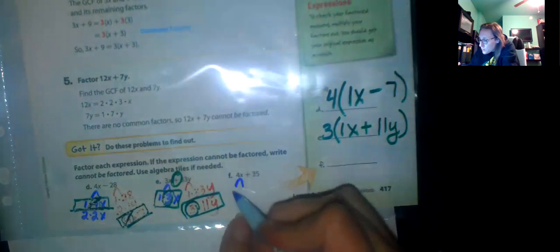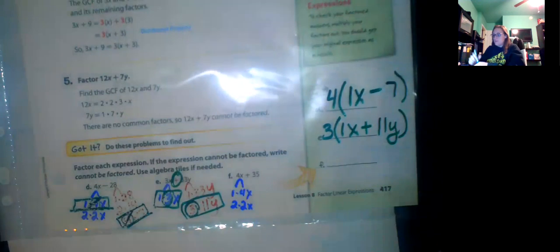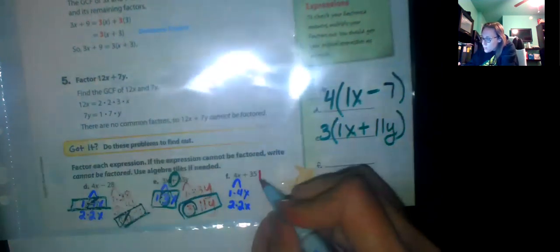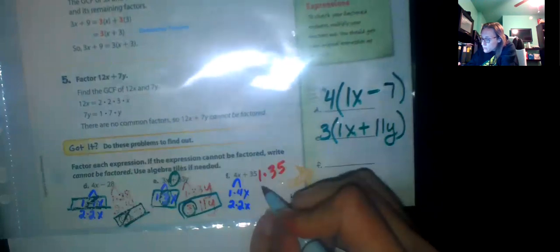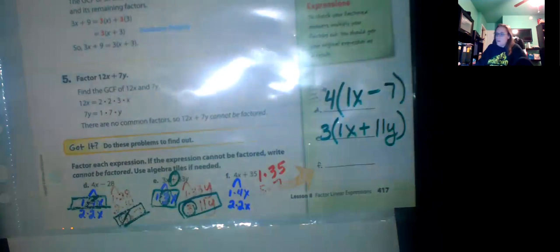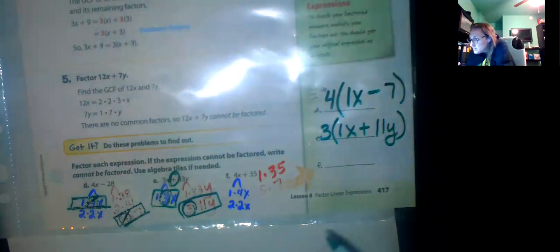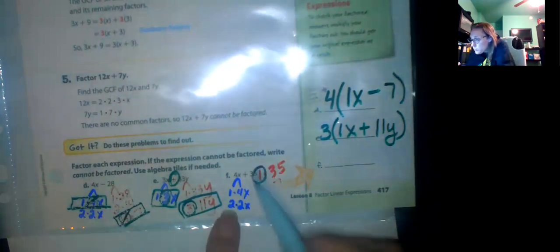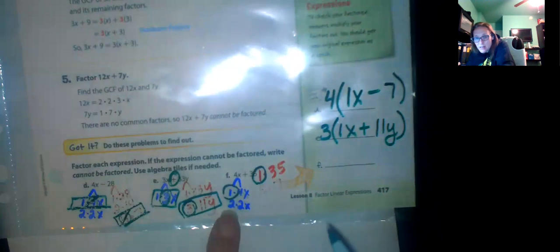Okay, 1 times 4x and 2 times 2x. 1 times 35, or 5 times 7. Okay, so they only have a 1 in common. They have nothing else.